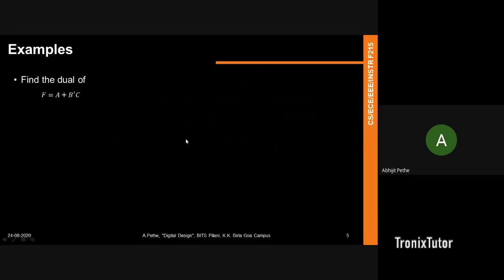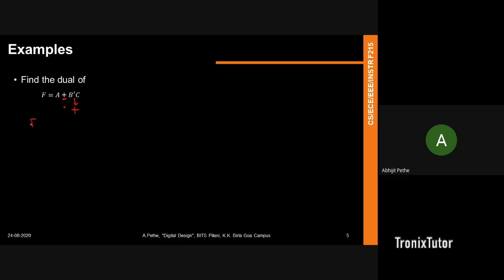So now let's look at, just to clarify something, let's quickly take a minute. Suppose I ask you, what is the dual of this function, right? So what do you do for a dual? Always remember, for a dual, you have to convert all the ORs to AND and the ANDs to OR, right? You don't touch the complements, right? So if I have to ask you to find the dual of this function, convert this to an AND, and there is an AND here, convert that to an OR.